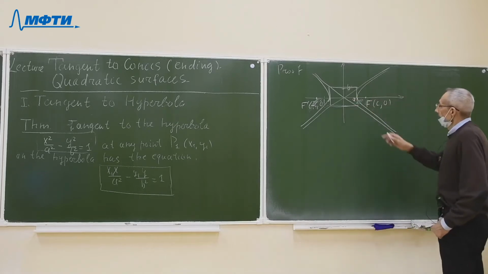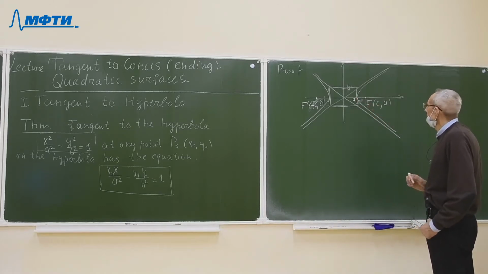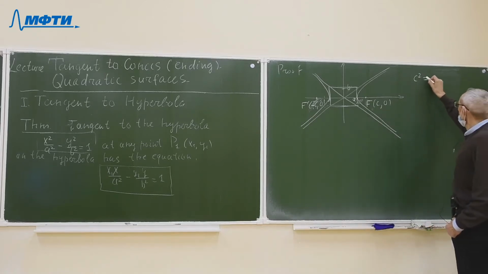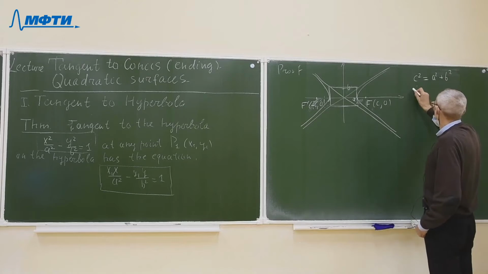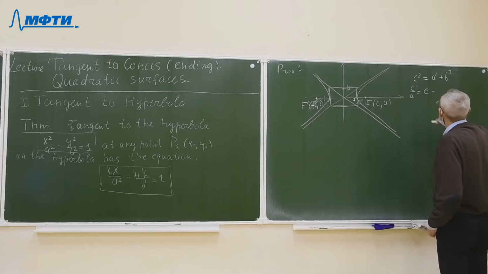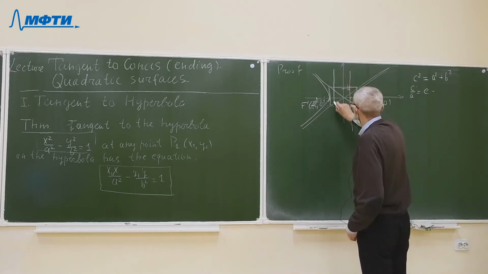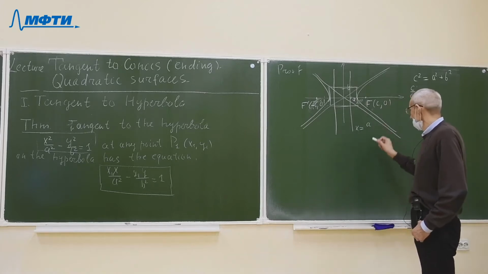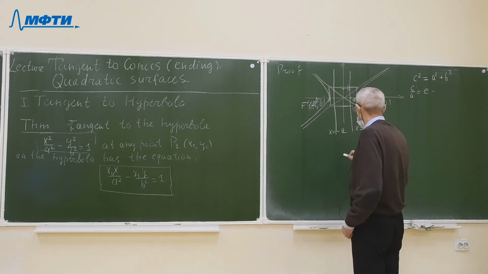A and B define the size of the basic rectangle, and we have the following formula: c square is equal to a square plus b square. The ratio c to a is equal to e, the eccentricity, and we also have directrices defined by the equations x is equal to a over e, and x is equal to minus a over e.